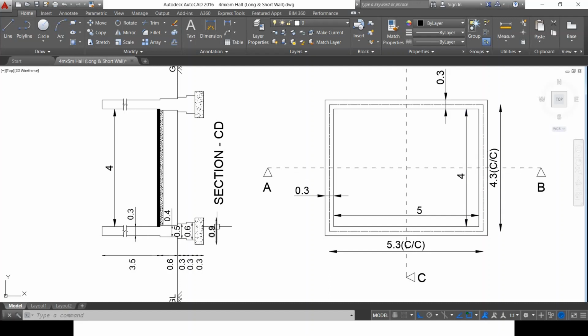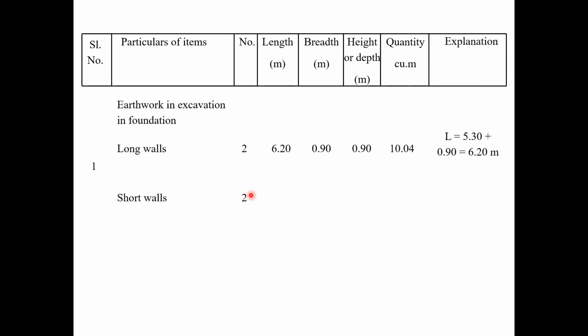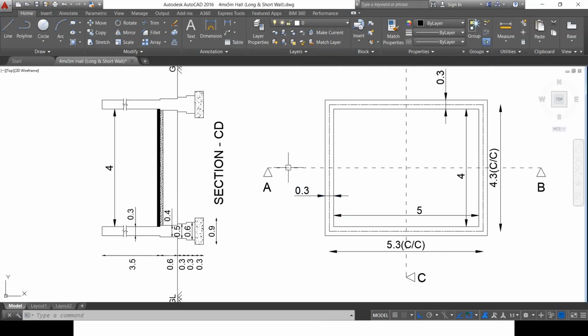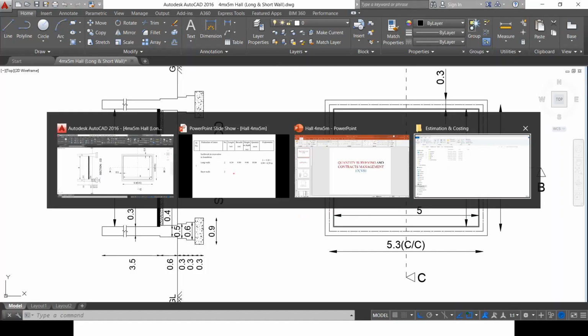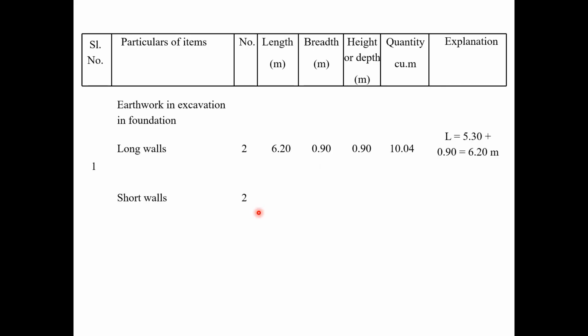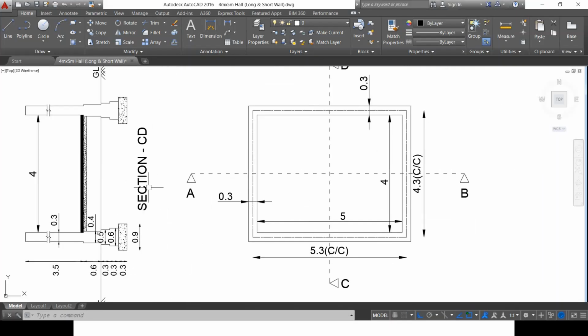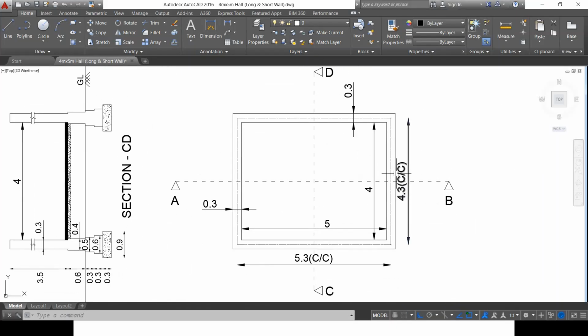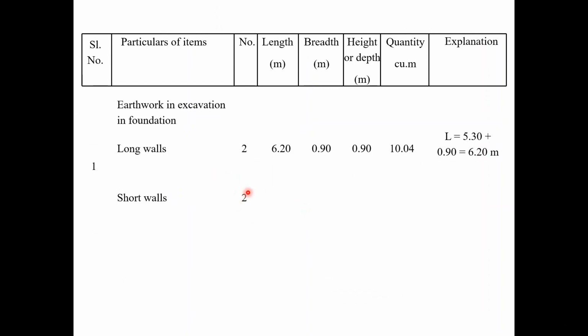Let's say the width of the foundation for this wall is 0.9 meter and for this one it is 1 meter. Then I cannot consider the number as 2 here. Rather I have to do separately. I have to consider 1 here and do the separate calculation, maybe right wall and left wall. So that is the case. But here, in this case, I have similar foundation, I mean same foundation, we can go with the same calculation and put the number as 2.